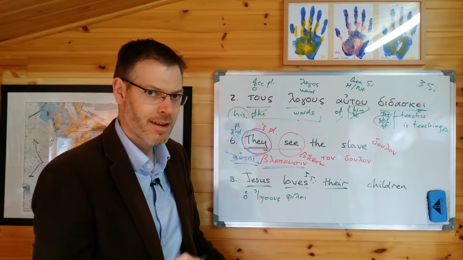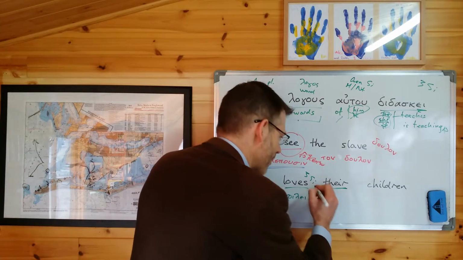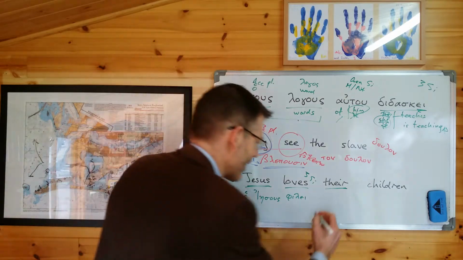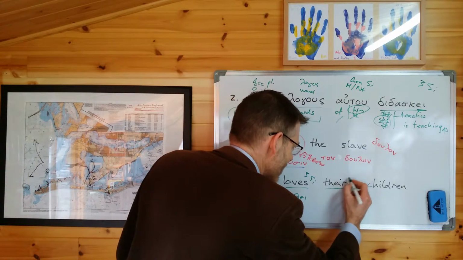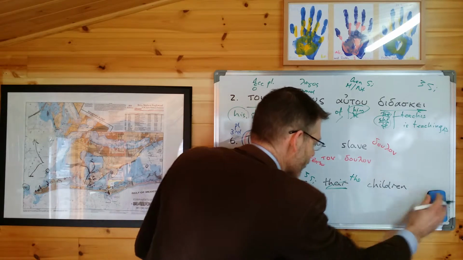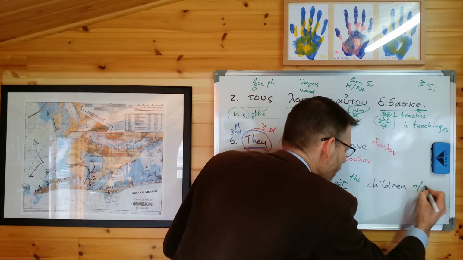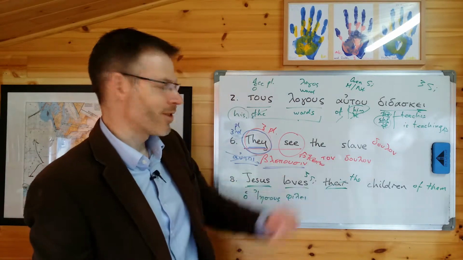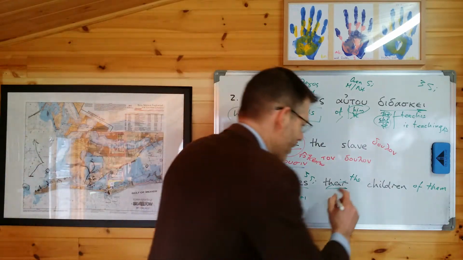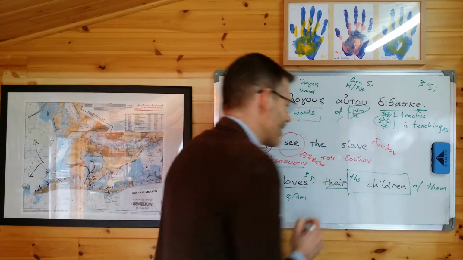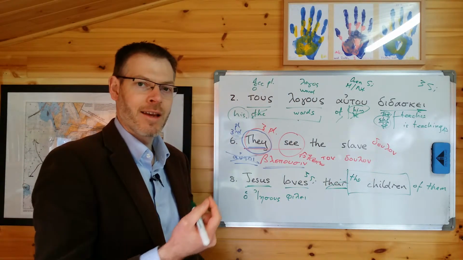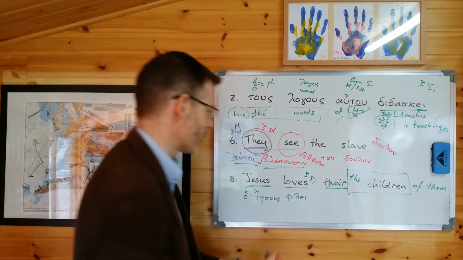Hopefully you've remembered that the best way, the intermediate step, so to speak, is to turn their children first into the children of them. And that way you'll be able to clarify in your mind that this is the part of the sentence that goes in the accusative case, the children.